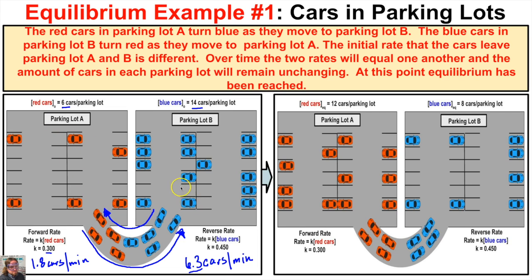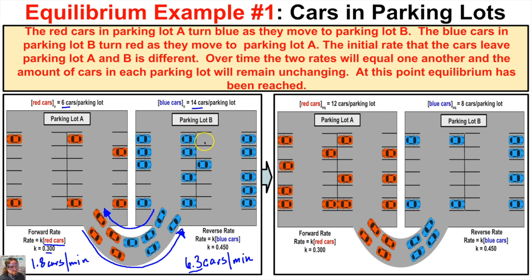And so what ends up happening is this: as more cars leave parking lot B and enter parking lot A, the concentration of parking lot A is going to increase. And if the concentration of parking lot A increases, then the rate of A going to B is also going to increase.